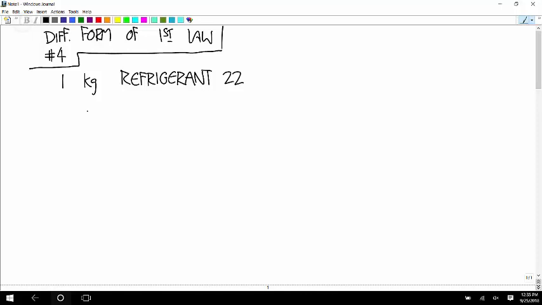And it says that it starts out with a pressure of 0.9 megapascals and a specific internal energy of 232.92 kilojoules per kilogram.